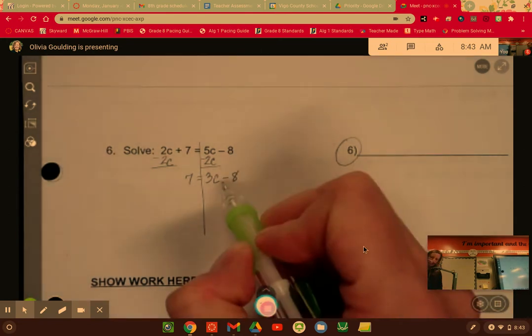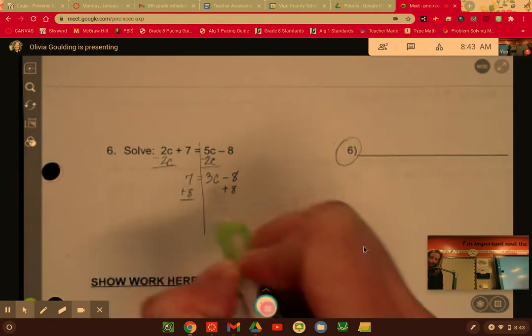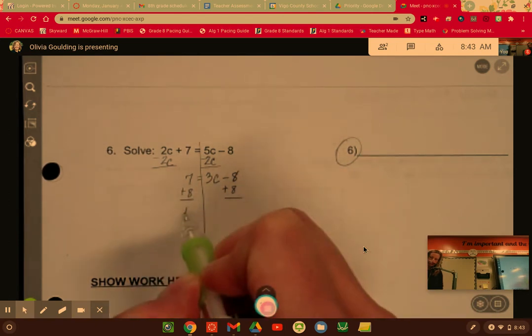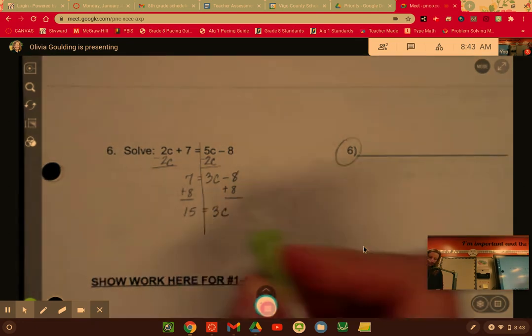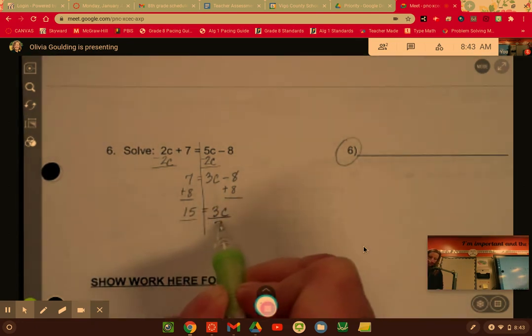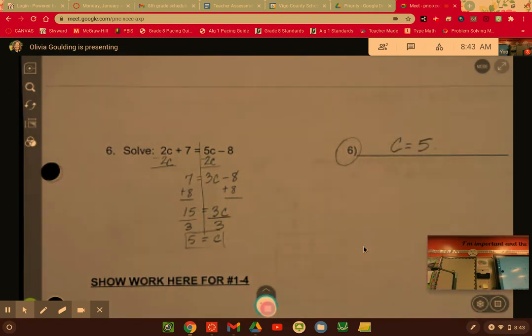Then, how about we add 8 to both sides? Okay? So I get 15 is equal to 3c, and divide by 3 for my last step. So c equals 5, right? C equals 5. That's a good one. I thought it was 5 equals c. Yeah, you could write it either way.